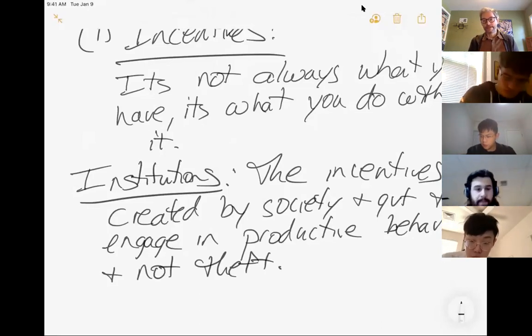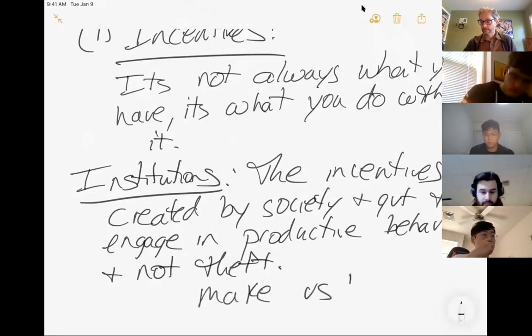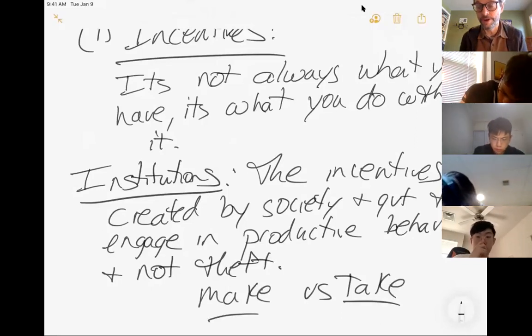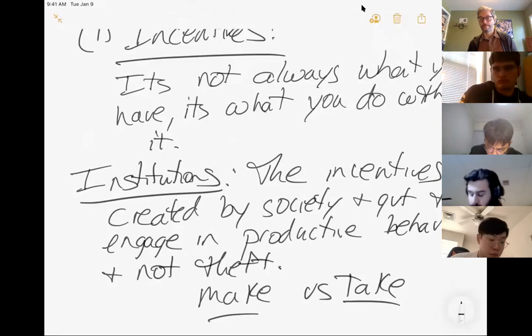As we're going to talk about, in some ways, the entire history of economic growth really gets down to what incentives did people have to make and what incentive do people have to take. To the extent that your society and your government creates incentives to make things, you can create the conditions for economic growth.